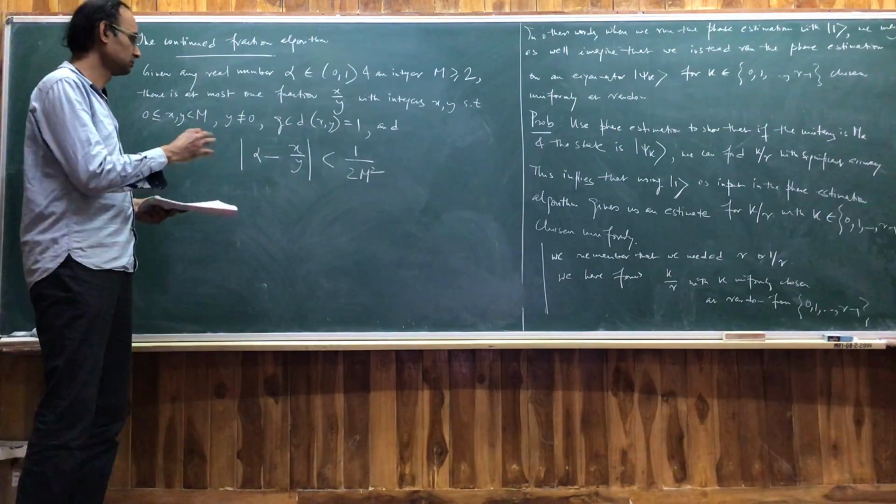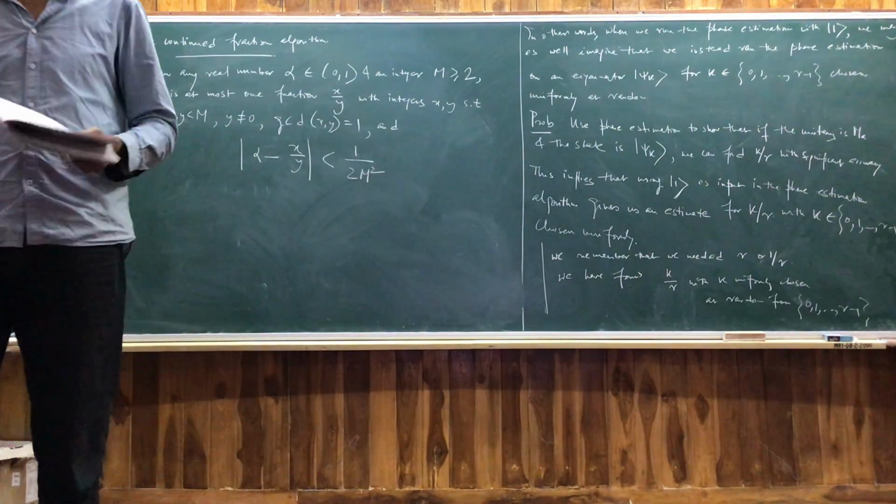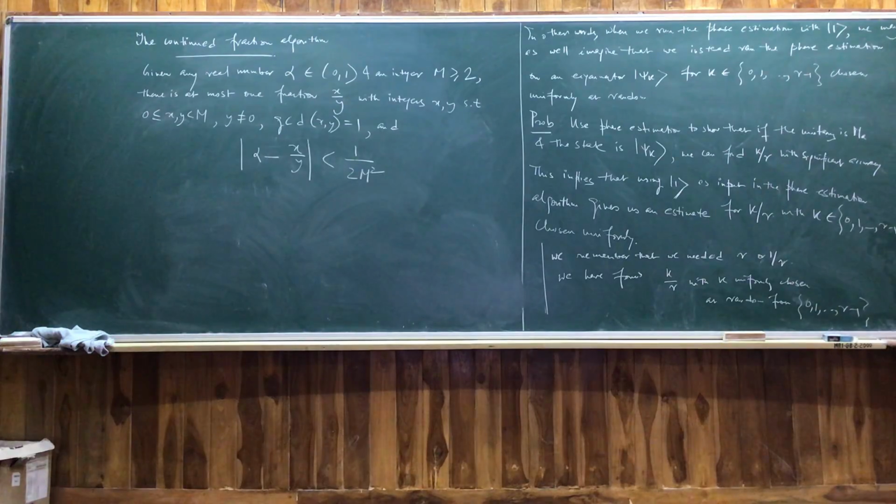Well, just beside every real number, close to any real number there is a rational number. But there is a method for finding that.